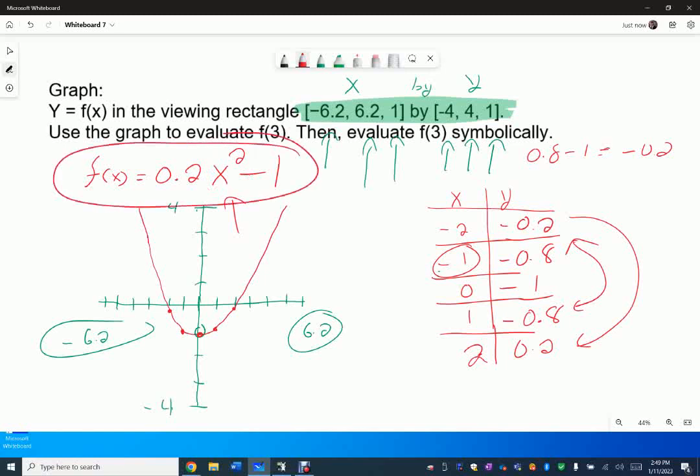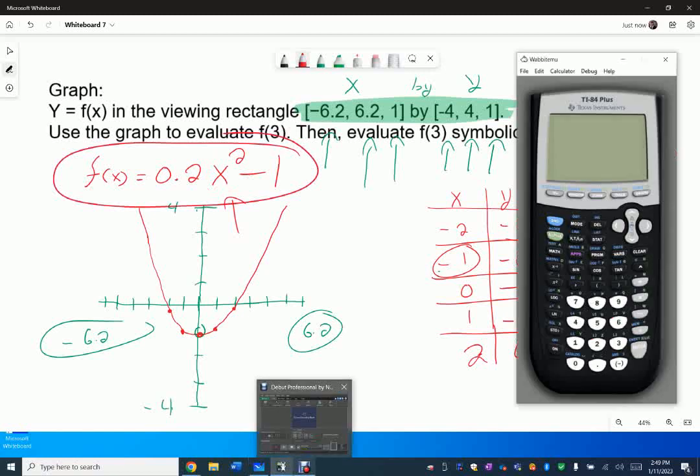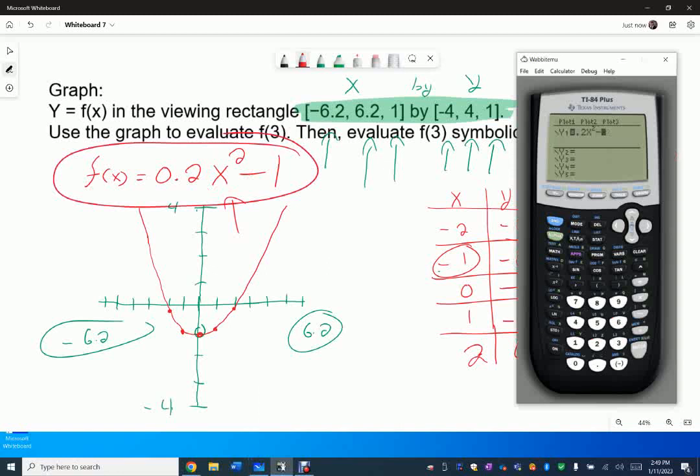So I'm going to plug that into my graphing calculator, turning it on and hitting the y equals. Oops, I got negative point. I need negative 1 there. So y equals, and plug it in exactly as you see it. Then my viewing rectangle is the window button here. All I'm going to do is plug in those values as I am told them.